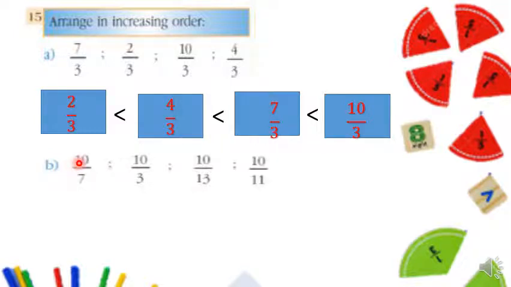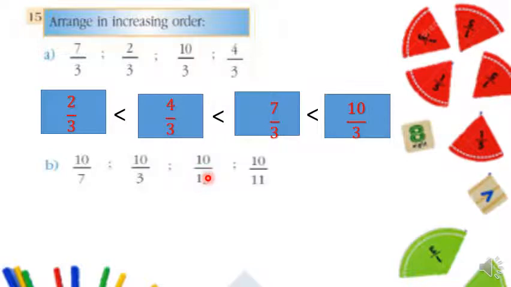Now let's start with part B. We have 10 over 7, 10 over 3, 10 over 13, and 10 over 11. In this case, we have the same numerators, so pay attention, it's opposite. So the smallest one is the fraction having the greatest denominator. The greatest denominator gives a smaller fraction.